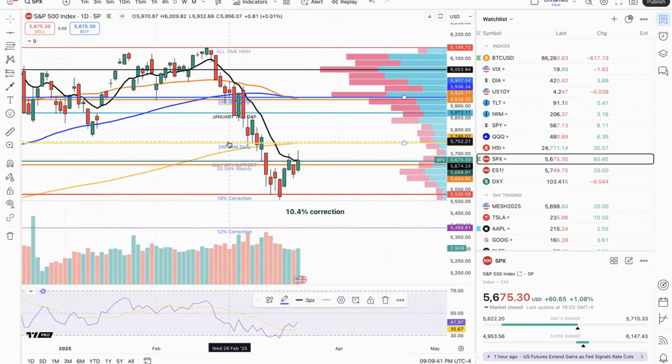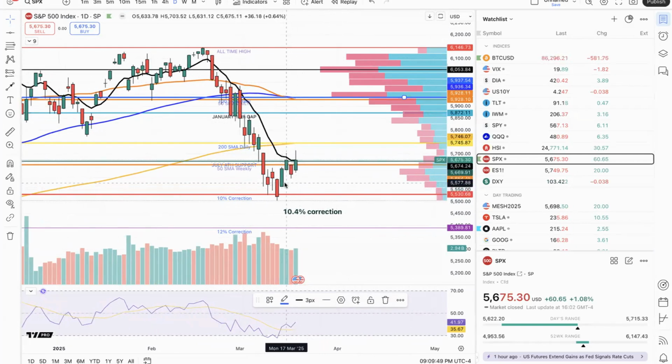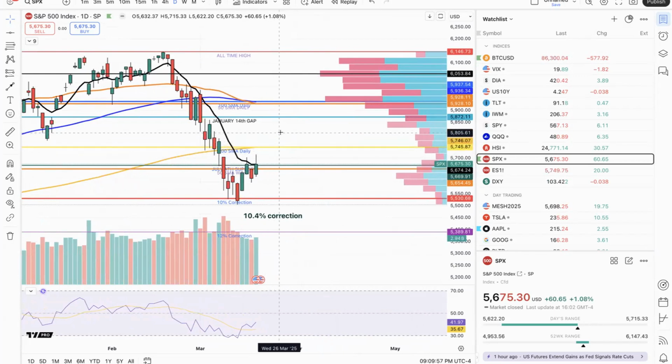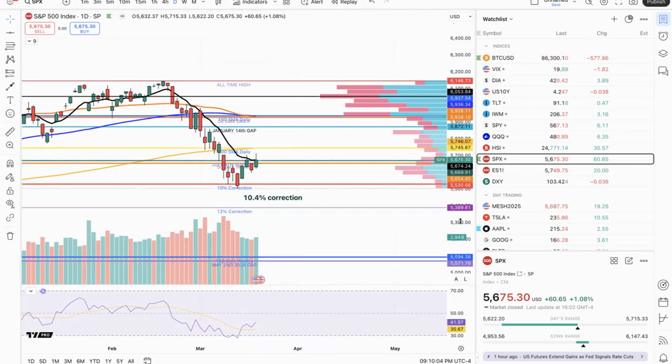And you could see that we have a 200-day simple moving average here on the screen, this yellow line. And more than likely, what's going to happen is this SPX is going to retest this 200. And here's where we want to watch to see what happens. Can it push through this and continue to climb higher? Or will this be a rejection spot and it's going to come lower?